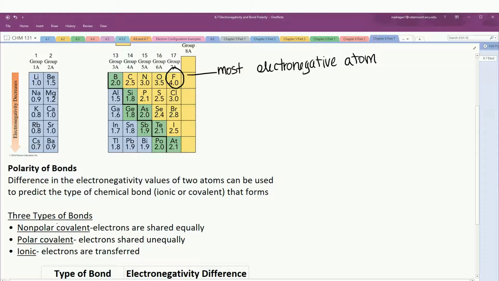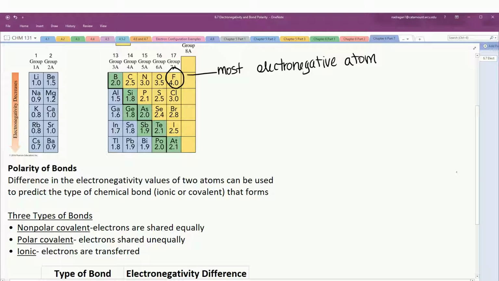There is a nonpolar covalent bond, which means electrons are shared equally between the atoms. There's a polar covalent bond, which means electrons are shared unequally, so one of the atoms is getting more electrons than the other. Then there's the ionic bond, which is where electrons are just transferred to the other atom.